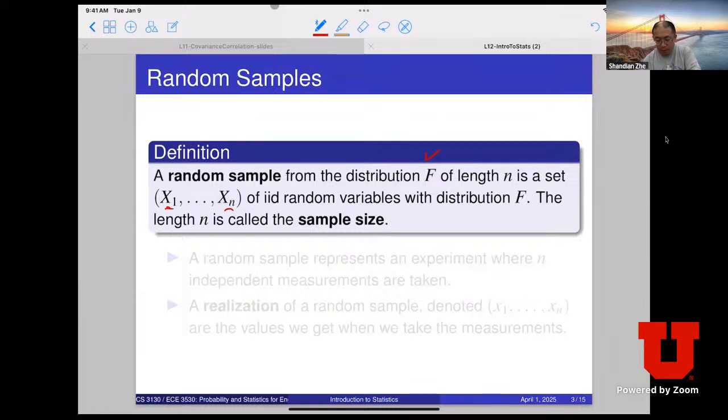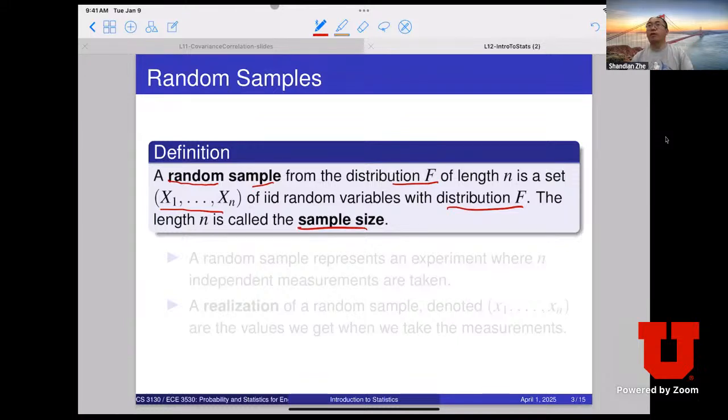To be more formal, we define a random sample from some distribution f, of length n, as a set x1, x2 to xn, which are IID, independent, identically distributed random variables with distribution f. And n here, the number of random variables you got, is called the sample size.